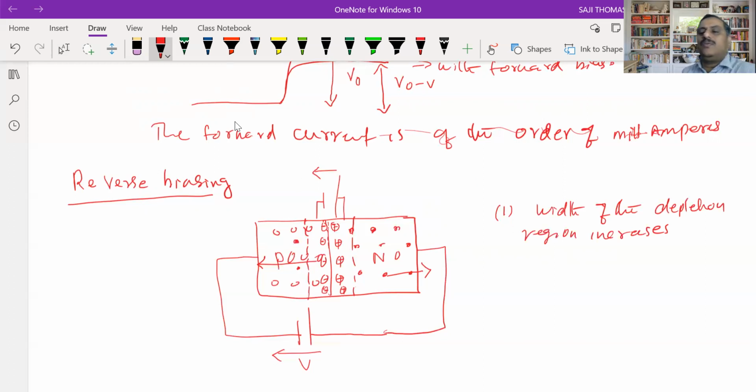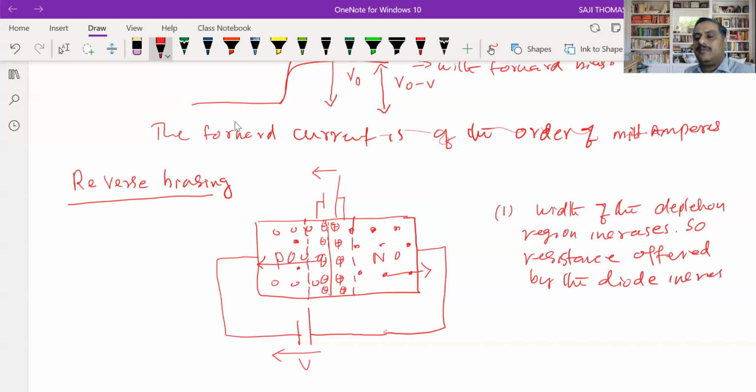So resistance offered by the diode increases. Since both the charge carriers move away from the junction, the width of the depletion region increases. More width of the depletion region, more resistance. Resistance offered by the diode increases. Okay. The diode will not conduct practically.